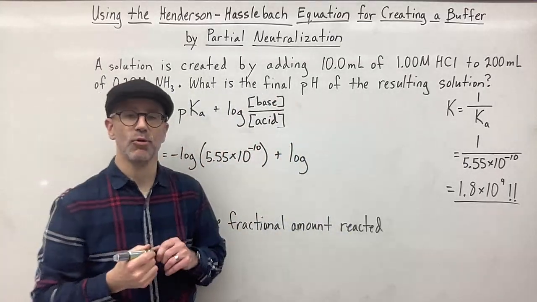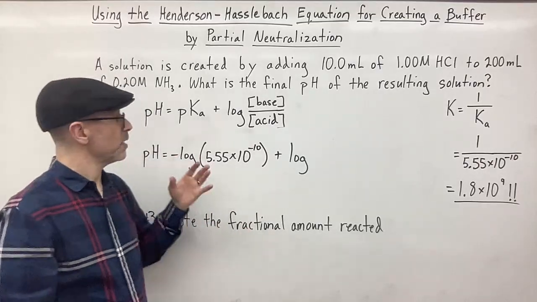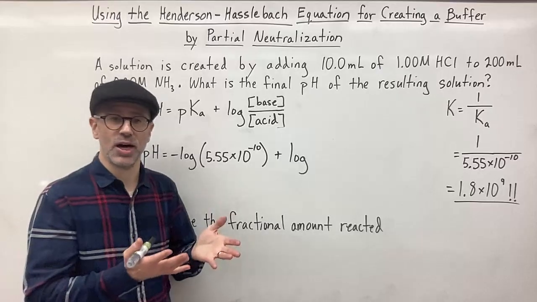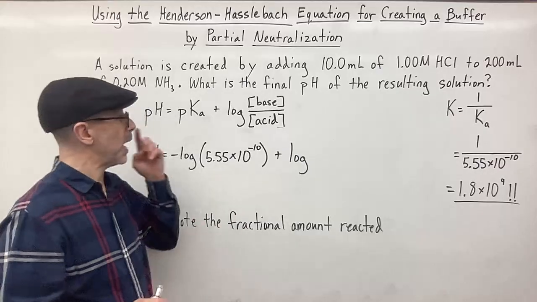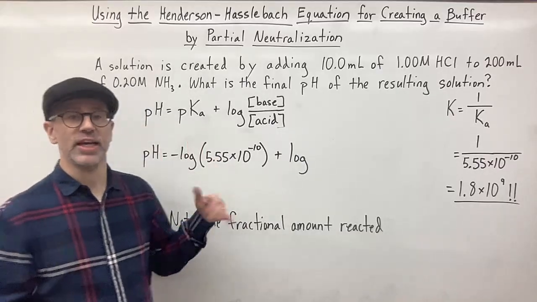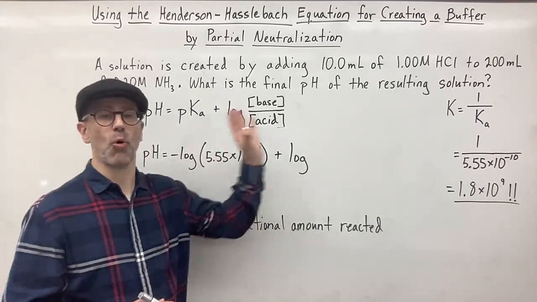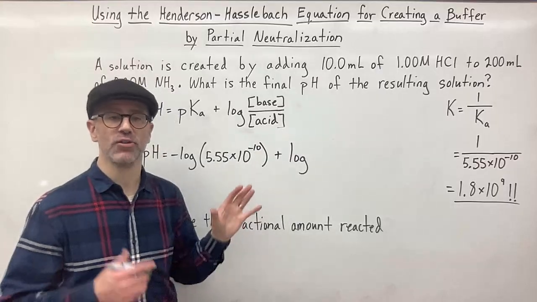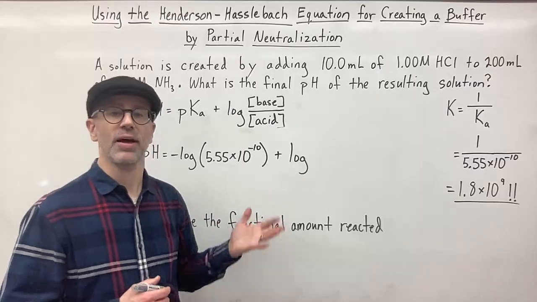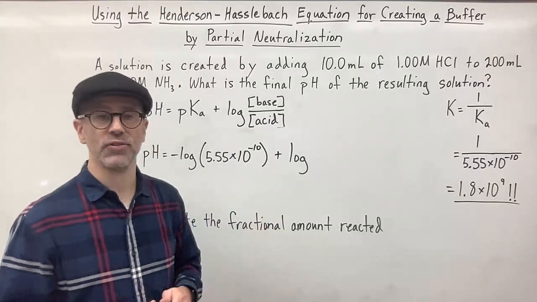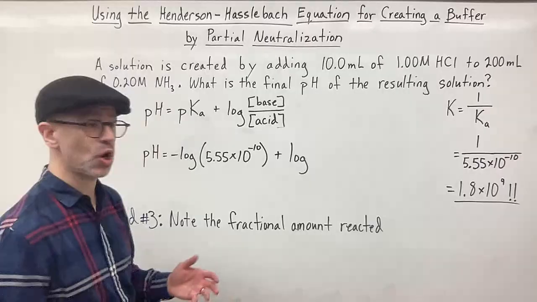But if we recognize the fractional amount that reacts, we start out with a certain amount of our base, we react a certain amount, and notice, 10 millimoles is 1/4 of the original 40 millimoles. So 1/4 of it reacted, leaving 3/4 left over unreacted. That tells us that we have 1/4 the acid, 3/4 of the base left over. So we can just use those fractions.